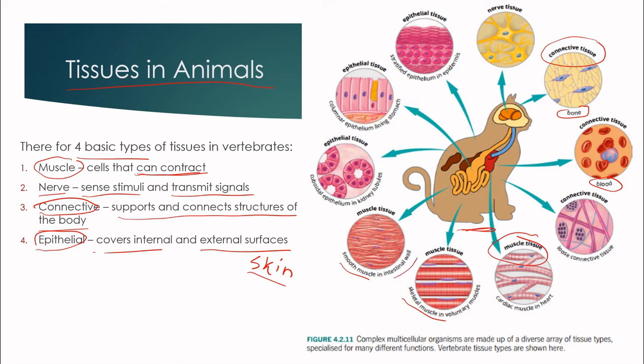And we have some epithelial tissues here. So the lining of the stomach is an epithelial tissue, so it's where the external environment, so to speak, meets the body. And here we have some nerve tissues as well, so that would be the sensory nerves or the motor neurons, possibly, of the nervous system.